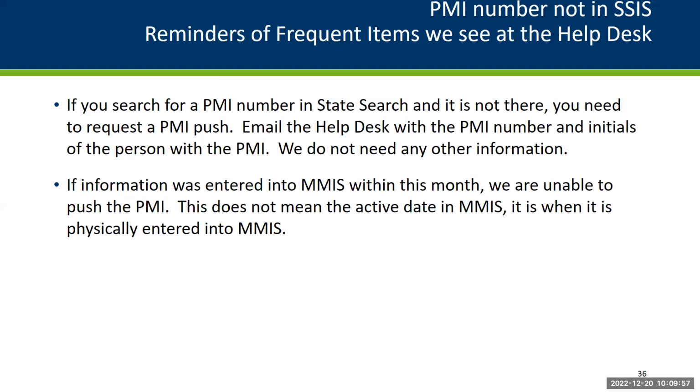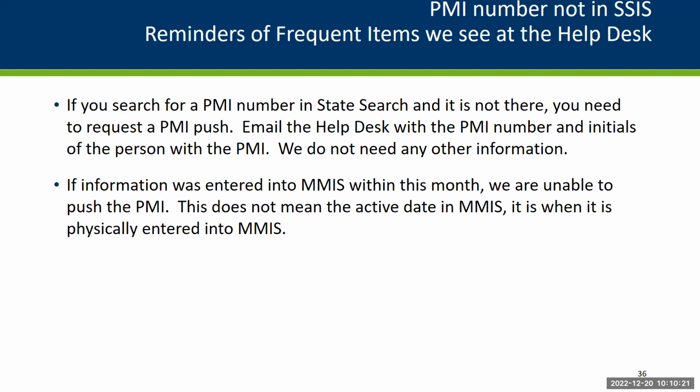So it normally will pick the incorrect PMI number that you don't want. In those cases, if you take out the social security number and clear the client again, when you get to the state clearing, it won't automatically clear. It'll actually bring up the box and give you the multiple PMIs so you can select the one that you want in SSIS.